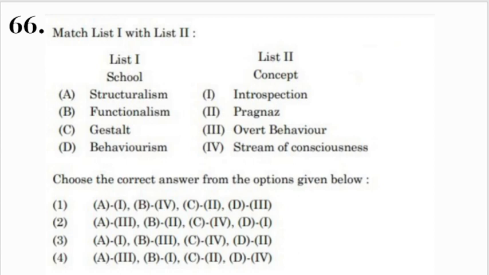The question states that we have to match the school with the thinking.